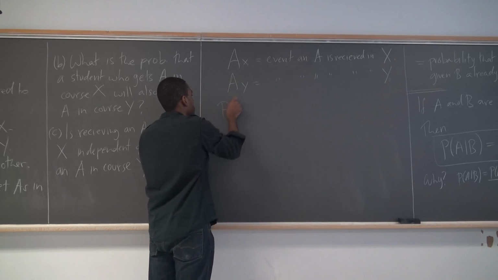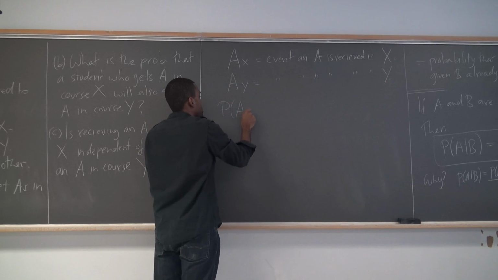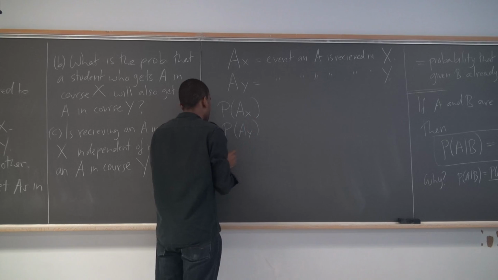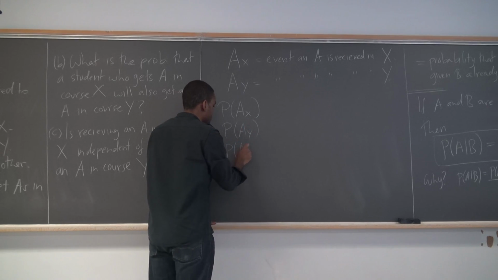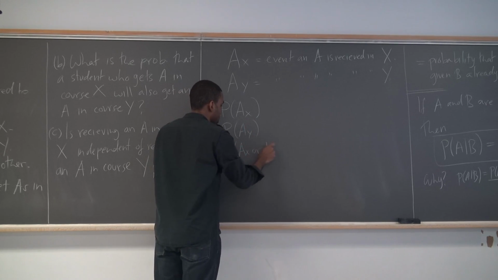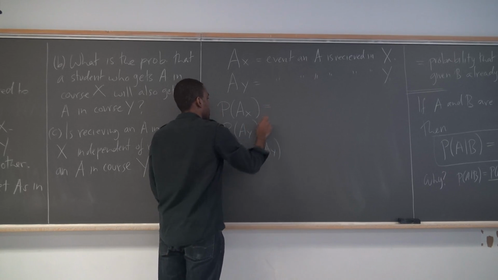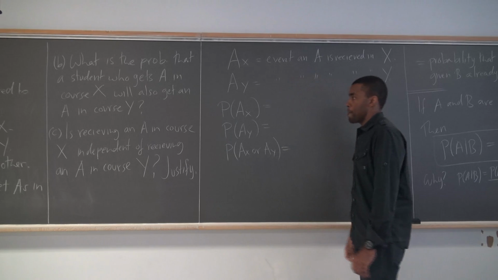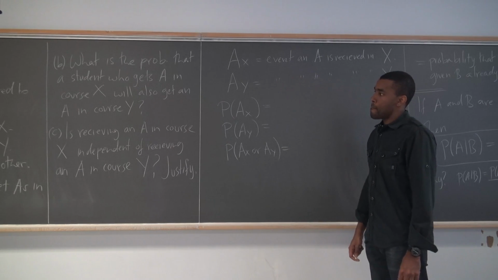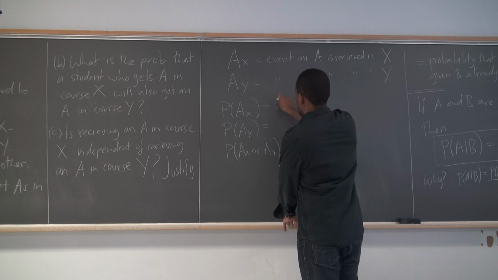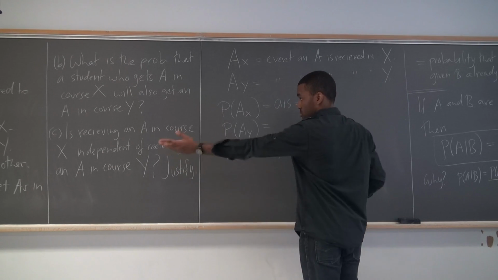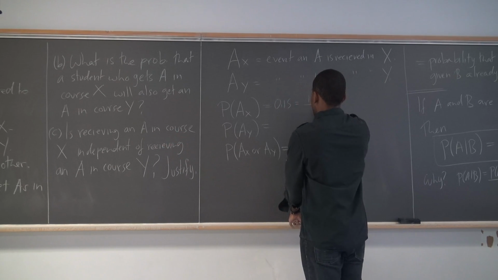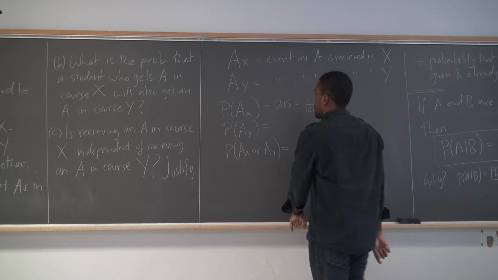So we are told some pieces of information, right? The probability of getting an A in course X, the probability of getting an A in course Y, and we're told the probability of getting an A in course X or course Y. What's the information we're told here? 15%, which is 0.15, or they asked us for a fraction, so you could write this as 15 over 100.